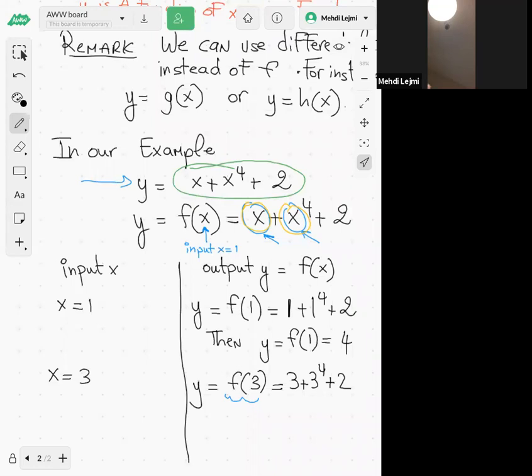Okay. And that will be equal to 3 plus 3 to the power 4, that's 81, I guess, plus 2. So that's 81 plus 5, that's 86. So in this case, if my input x is 3, my output y is 86, right?